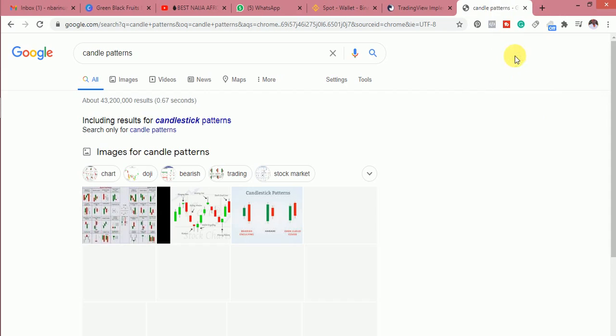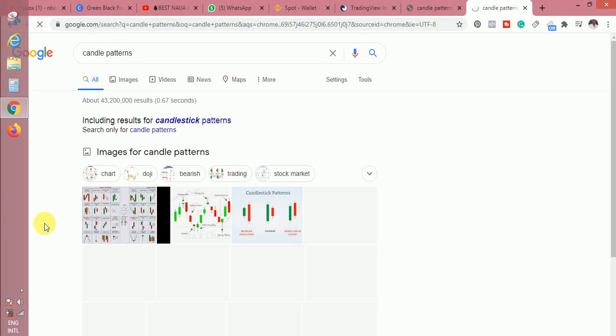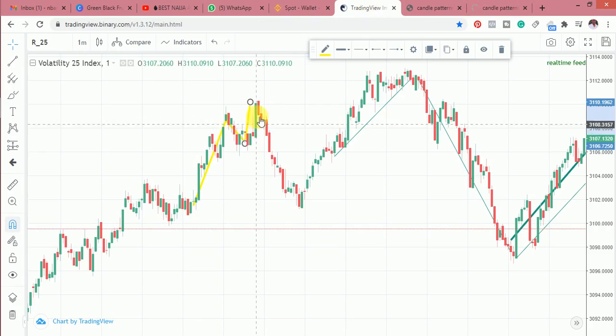Let me duplicate the chart. So understanding candle patterns will help you a lot in being able to discern this, to understand when this last arm will be formed. It will help you a lot to understand that.